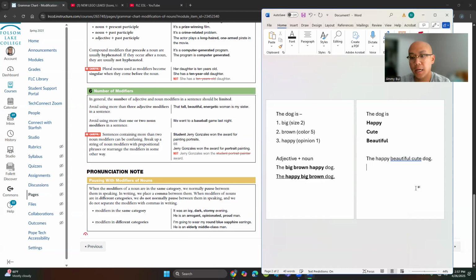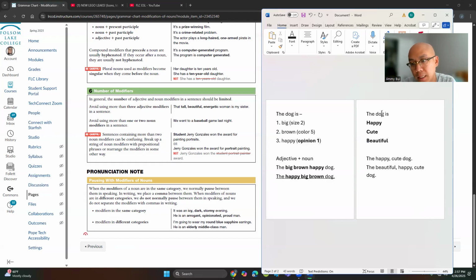And so the beautiful, happy, cute dog, because these are all opinions, we're going to put commas in between the different adjectives, right? And so the happy, cute dog, again, because these are all position number 1, opinion, right?